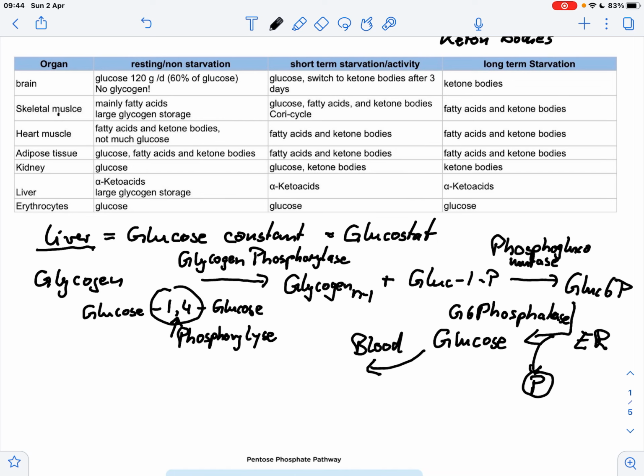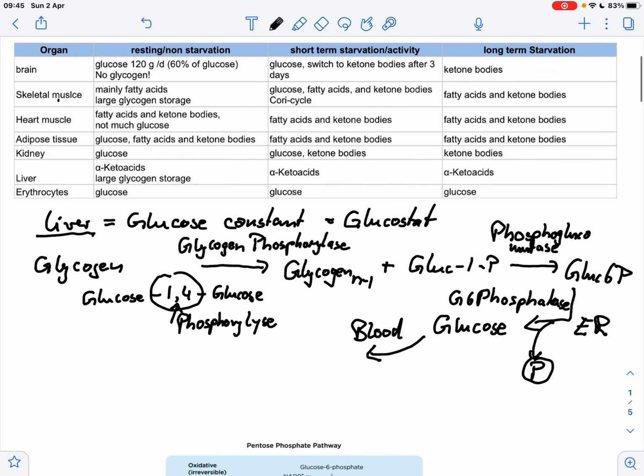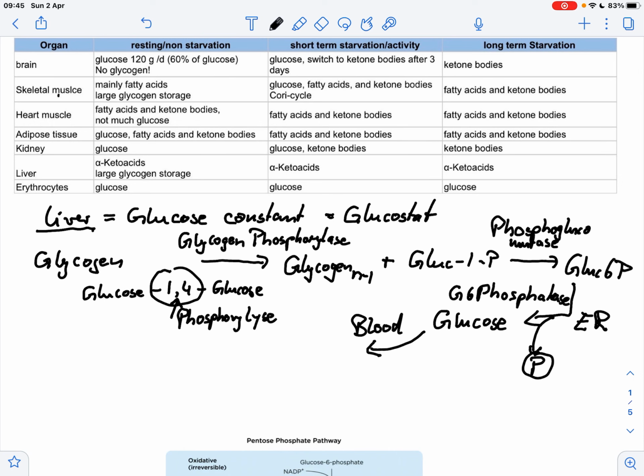Now, for the erythrocytes, there is an additional level of complexity, because they not only use the glucose as a fuel source, as the only fuel source, they also need this glucose for yet another pathway. This is called the pentose phosphate pathway, or short PPP.